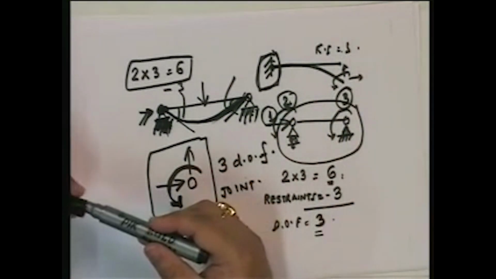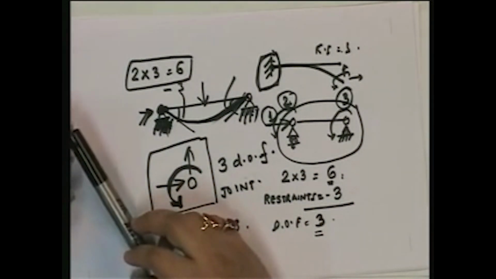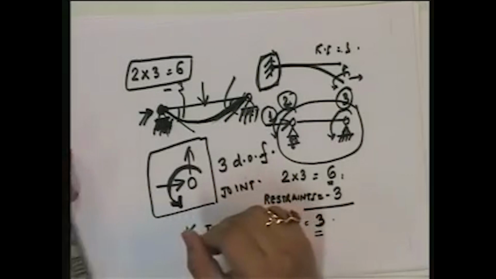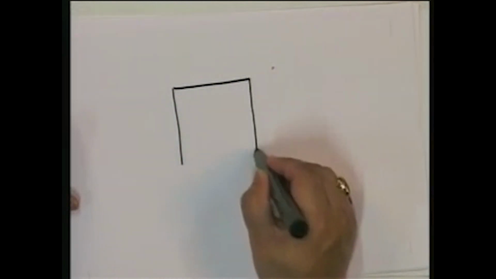So for a beam, you should be able to get the kinematic indeterminacy, or the number of degrees of freedom for the structure. Okay. Now let's move on to a frame. Kinematic indeterminacy for a frame, and let me look at a simple frame.